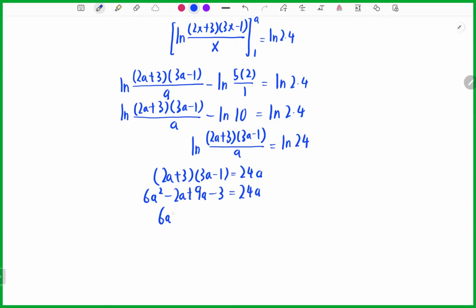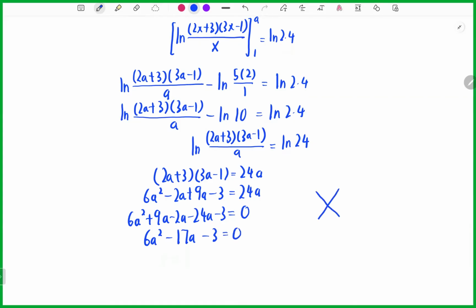Sorry, I forgot the 24a is not here, so I can take 6a squared plus 9a minus 2a minus 24a minus 3 equals to 0. So 6a squared minus 17a minus 3 equals to 0.